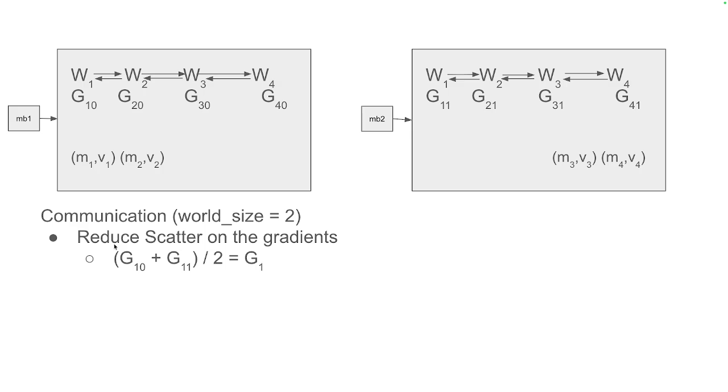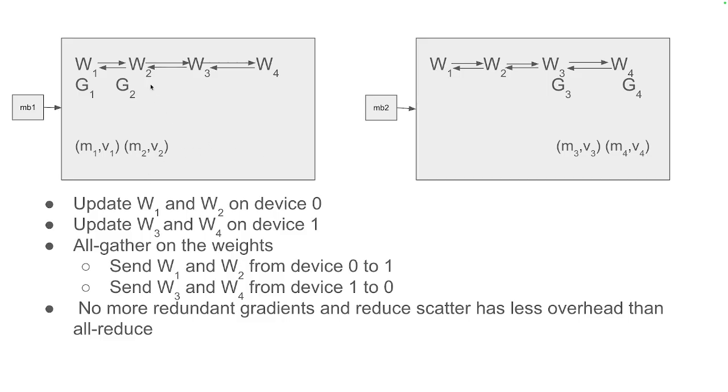In reduce scatter, we first reduce the gradients, like G10 and G11 are reduced, we take the average, but this G1 is only sent to this device because only on this device we have the optimizer states. If I go one step more, you see G1 and G2 only are sent to this device, G3 and G4 are only sent to this device. So there is no redundancy in gradients now.